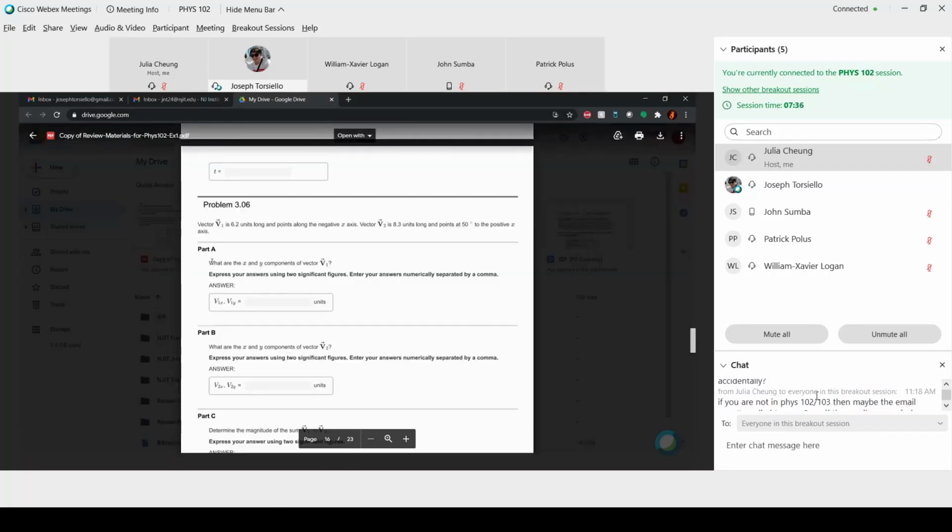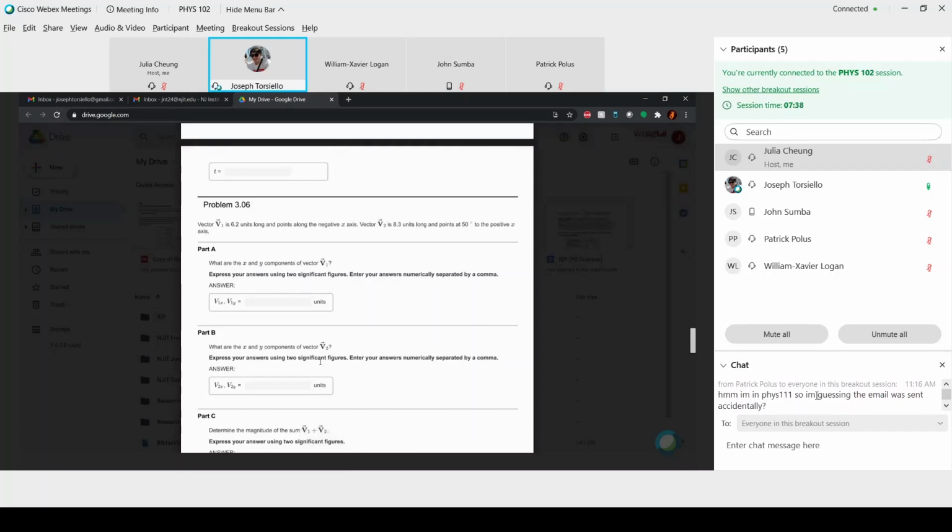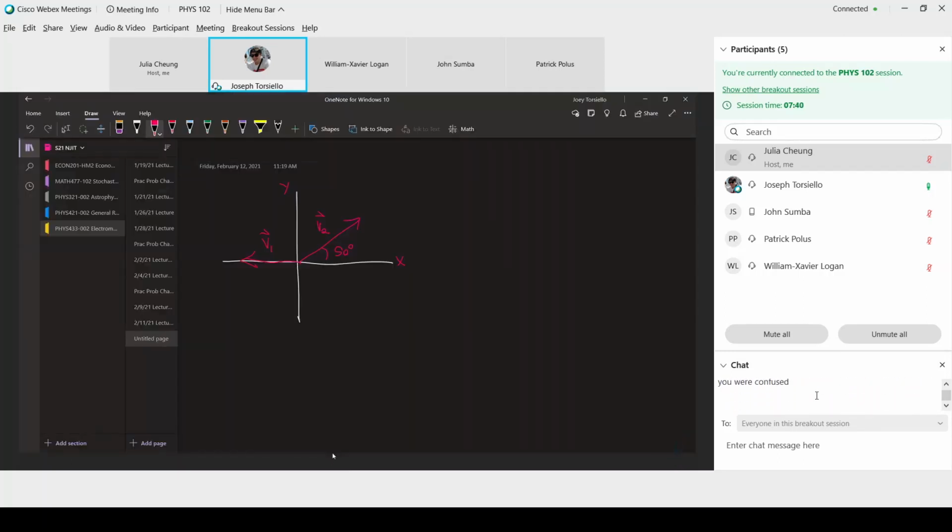And the question asks, what are the x and y components of vector v1? So we want to calculate v1x and v1y.